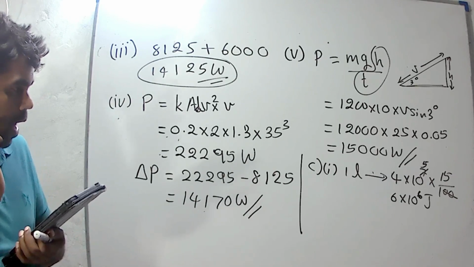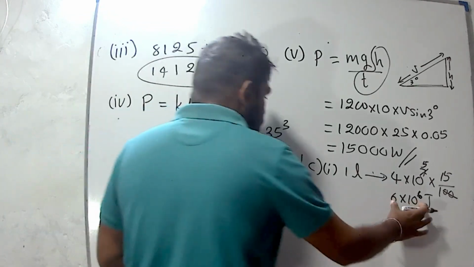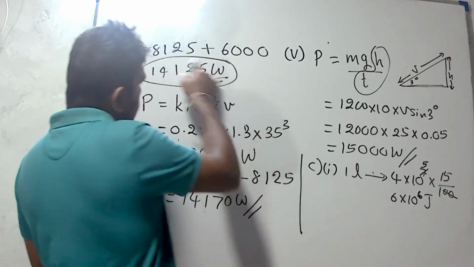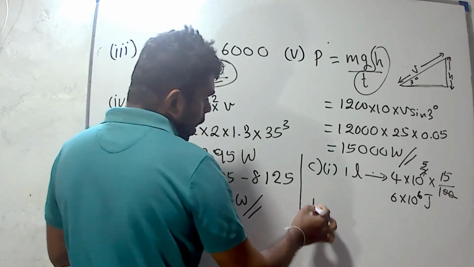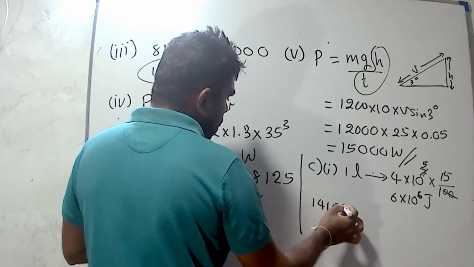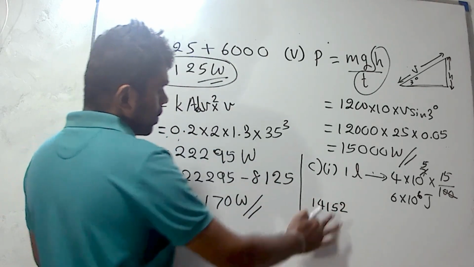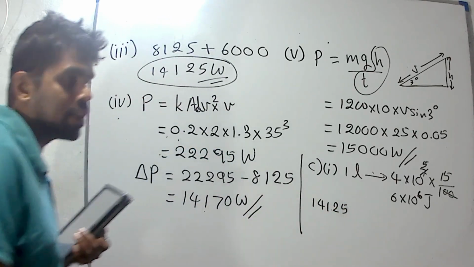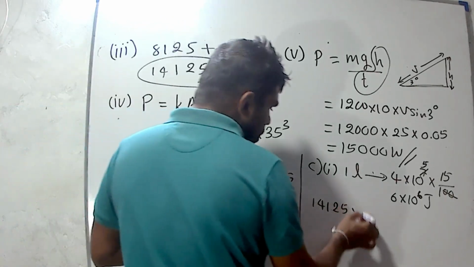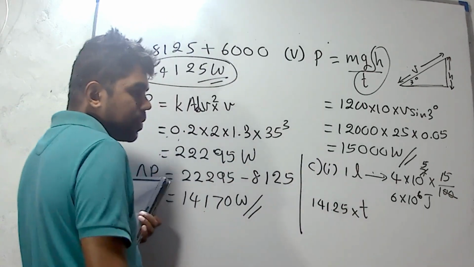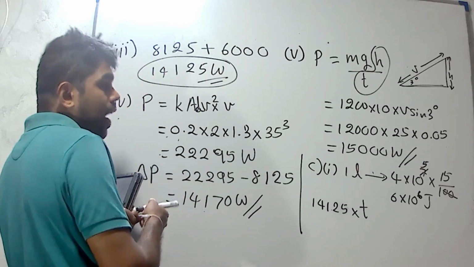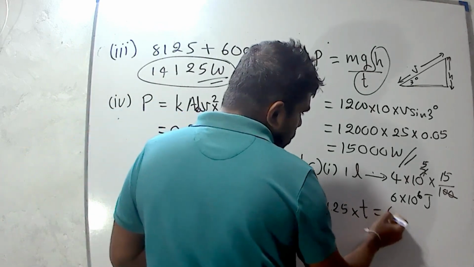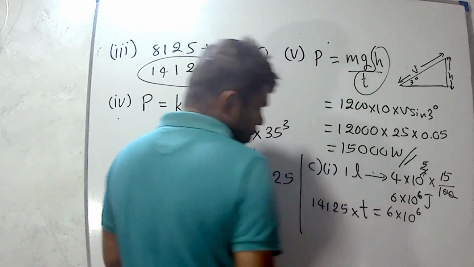Now, I will equate this value to the energy used by the vehicle. This value is power. Power means energy per 1 second. Then 14,125 joules per second is required by the vehicle. Then I will multiply by time to find the required energy for the time t. It should be equal to 6 into 10 to the power 6.